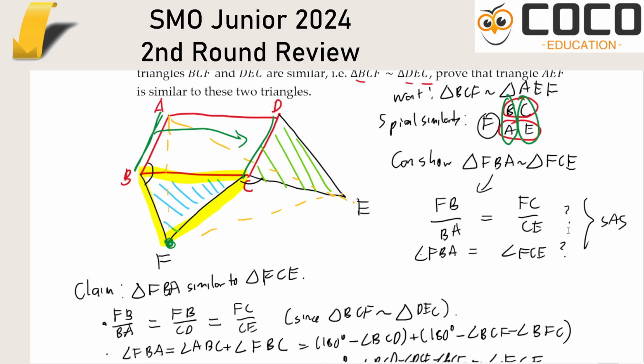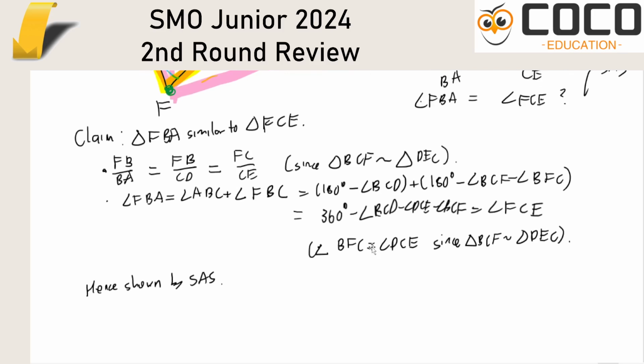Essentially, it's just about these four lines coming up from F. The first thing is that I have now shown that the angle from B to A and the angle from C to E are the same.